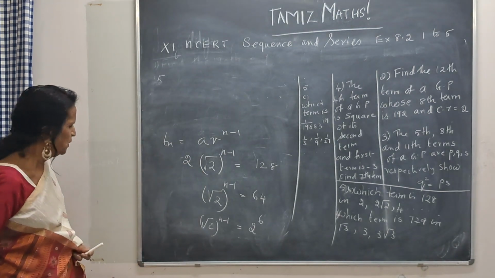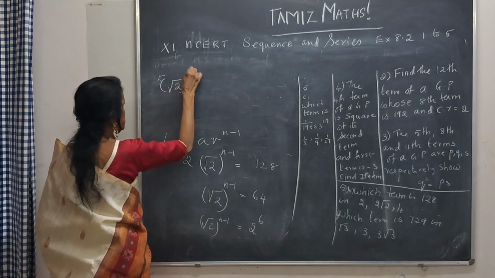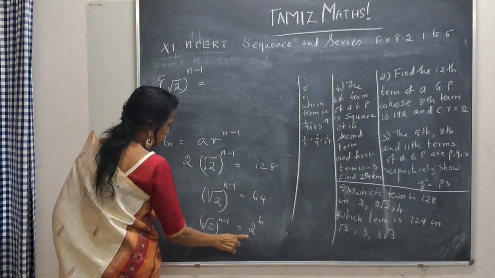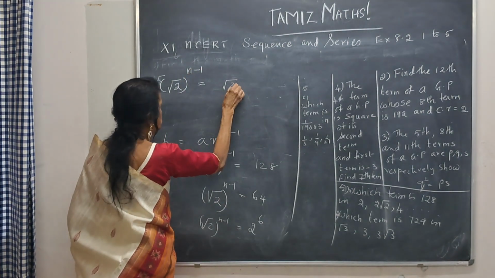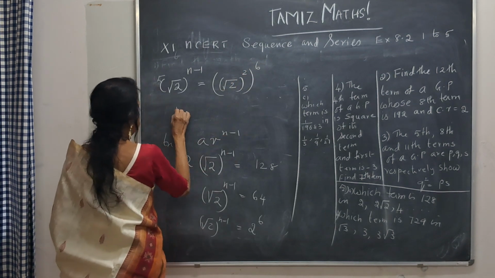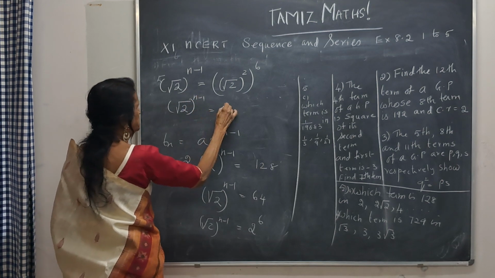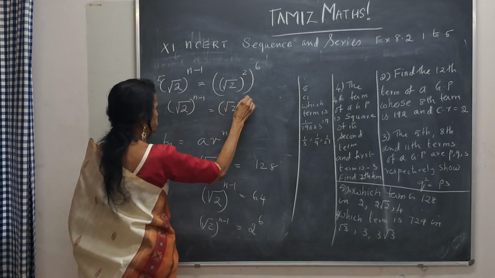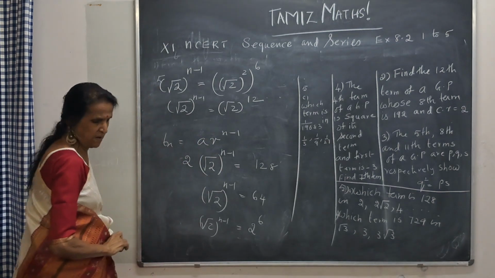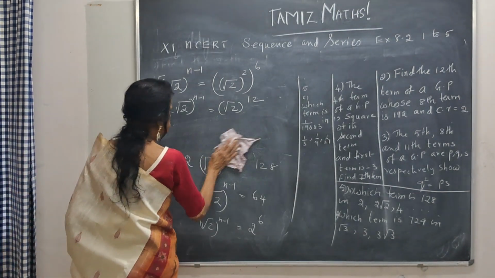That will be now root 2 whole power n minus 1 is equal to 2 could be written as root 2 whole square, power 6. That is root 2 whole power n minus 1 is equal to root 2 power 12. The base is same. Therefore, you can equate the index.